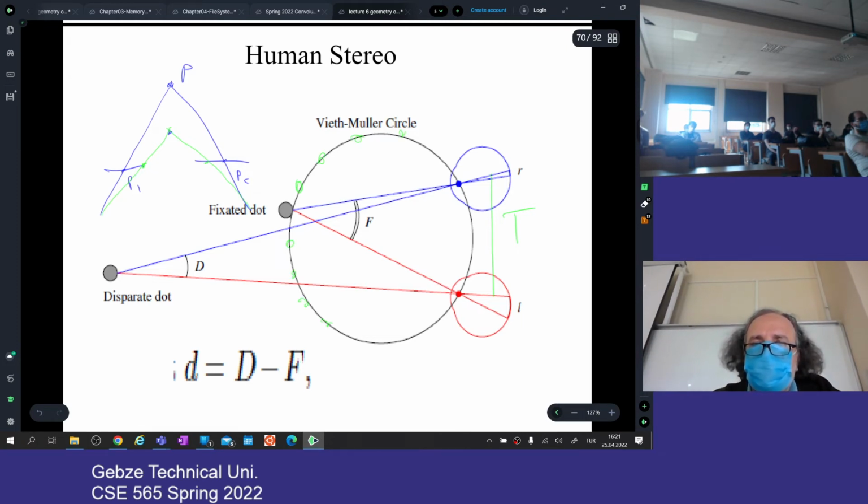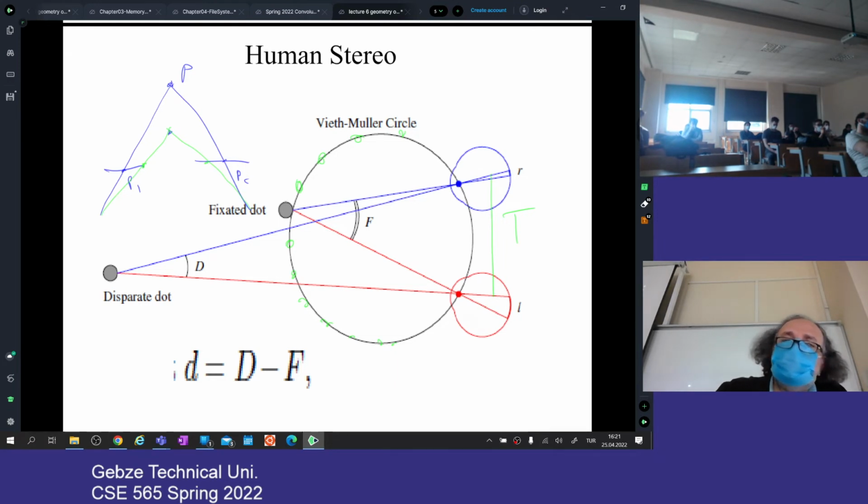Any point on this circle, if you look at any point on this circle, this angle will not change. It will be the same thing. It's called the Müller circle. Okay, on the Müller circle, this angle will not change. The angle between your left and right eyes, the principal axes, will not change.